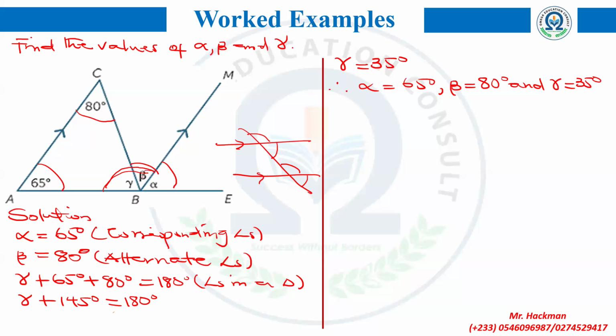And because you know beta, you can find alpha. So it will be 65 degrees plus alpha plus beta should be equal to 180 degrees. And what do you write? You write in brackets co-interior angles. And we know that co-interior angles should sum up to 180. And that's the relation that you state before writing your reason in brackets. Then you are good to go.